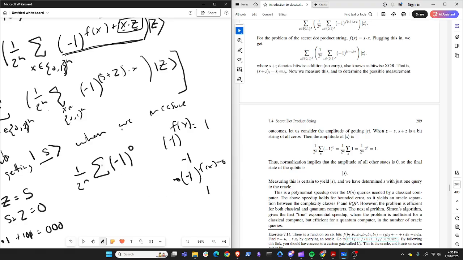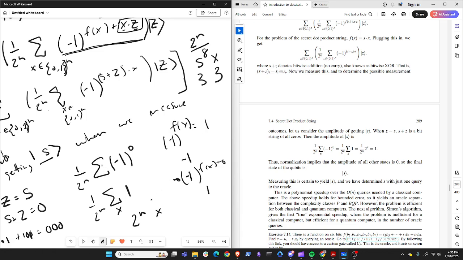So here, we basically just wind up with the 1 over 2^n sum of 1 for all x's. And we know that there are 2^n x's in the superposition. So if our original string s had length 3, x will also have 3 input qubits, and therefore we will have 2^n possible states in our superposition.